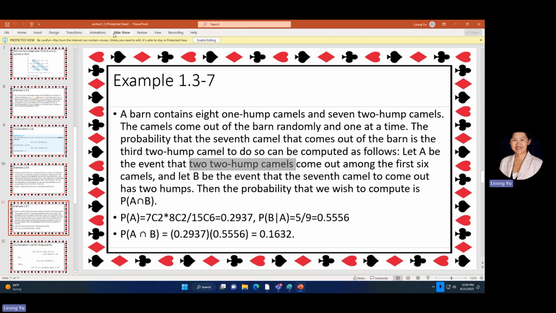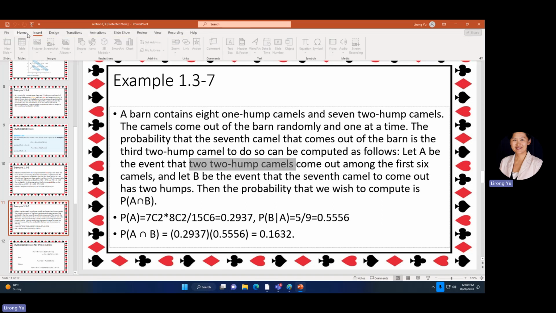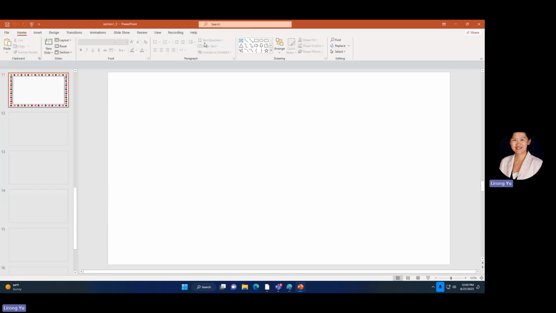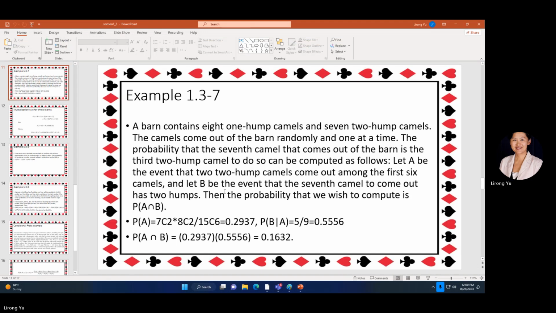Let me try to color this to make it more visible. It does not allow editing. So let's try to highlight the A here. 2 out of 6 are two-humps, the first 6. So the total number is 8 plus 7, which is 15.